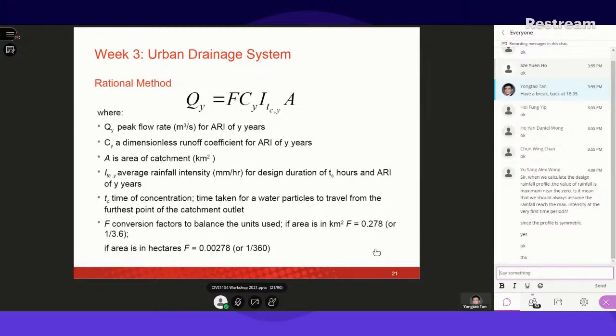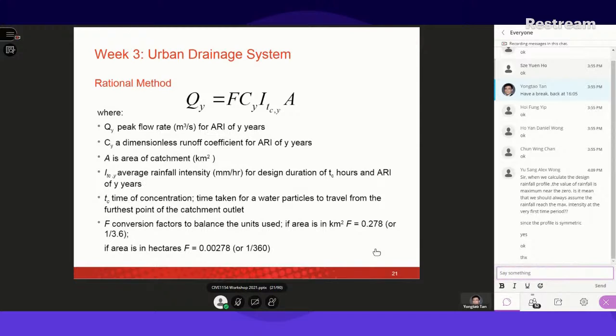The estimate of this flow rate can be used for stormwater drainage systems, meaning the size and slope of the pipe systems, and road works such as design of culverts, small and medium bridges and causeways, and also farm and rural works, farm dams, and soil conservation measures. So here you can see that the peak flow rate can be estimated by using this rational method.